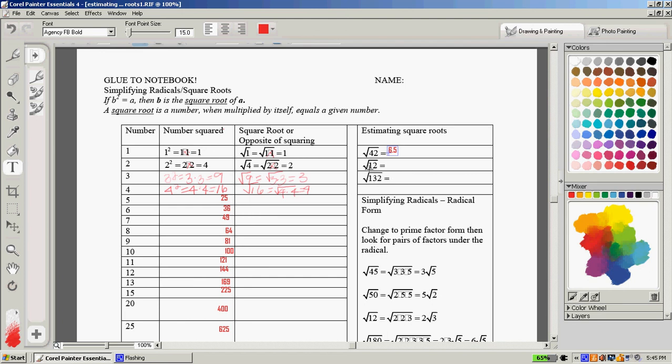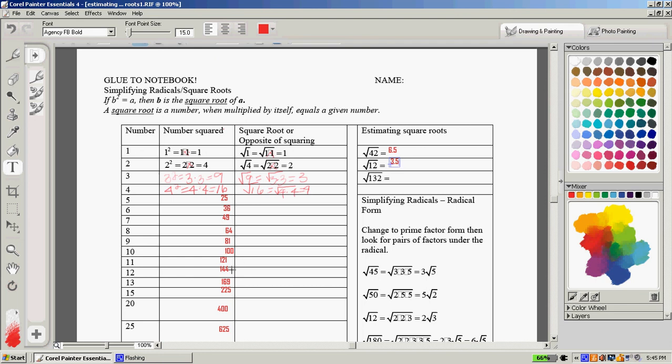Or for example, we have the square root of 12. Well, 12 doesn't match up with any of these numbers that we have squared in this column. However, it is between 9 and 16 right here. And since 9 is 3 squared and 16 is 4 squared, we can guess that the square root of 12 is approximately 3.5.